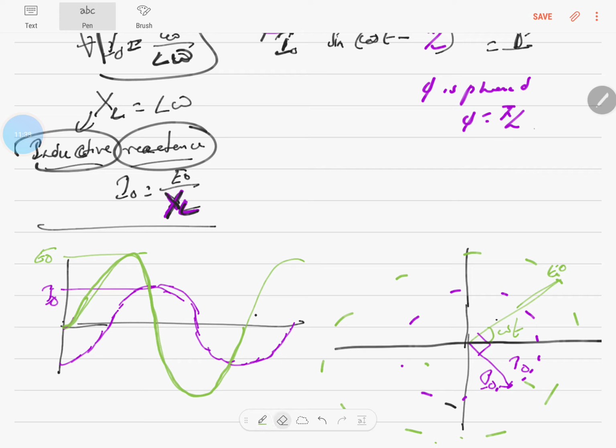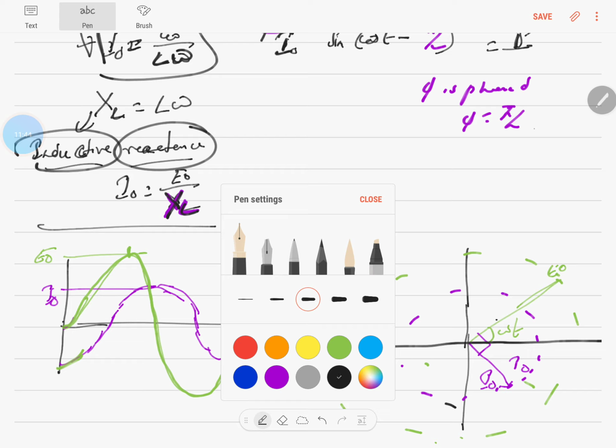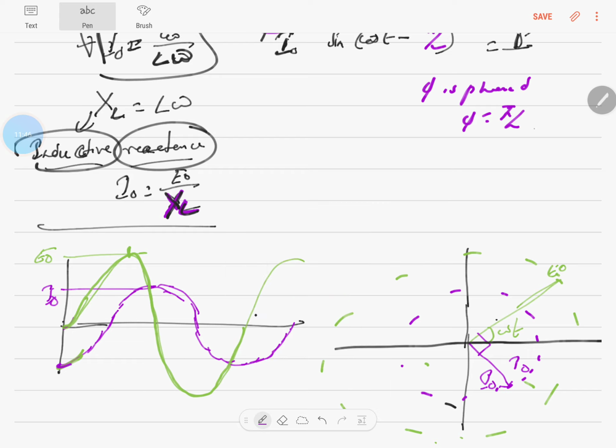So I start here. When EMF is at its peak value, the current is at 0, because it's lagging behind by 90 degrees. When EMF is 0, the current is maximum. And you can draw the graph like that.